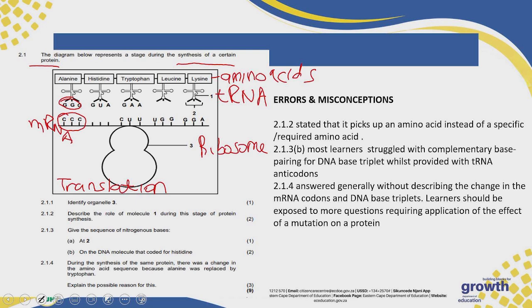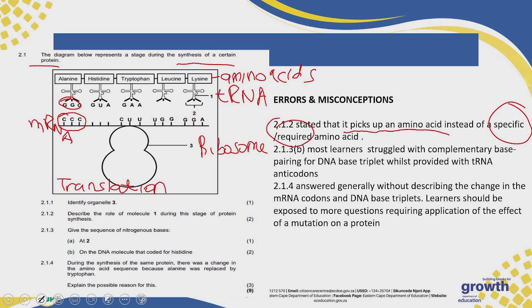The common mistake that our learners made when this question was asked in the exam is that they said that it picks up an amino acid instead of saying it picks up a required or a specific amino acid, right?